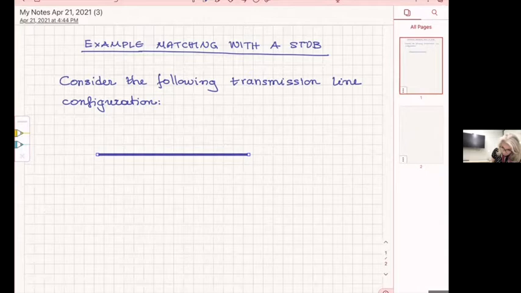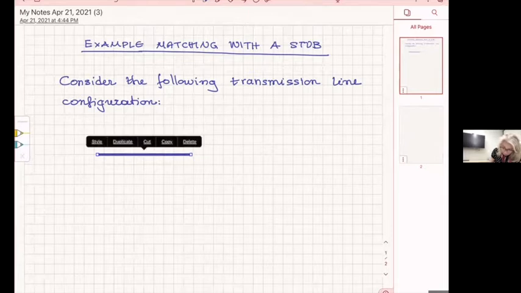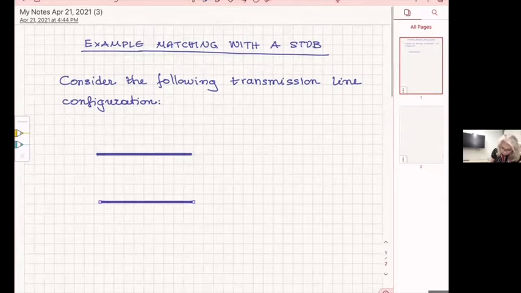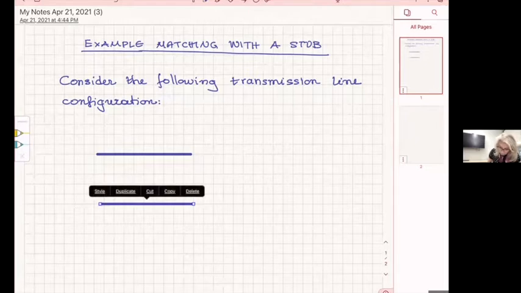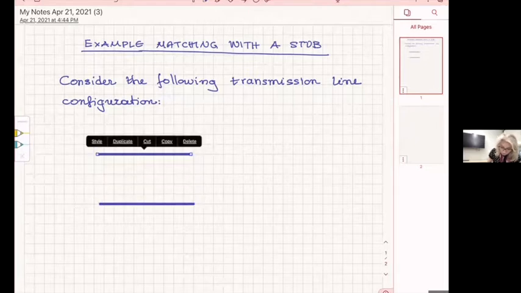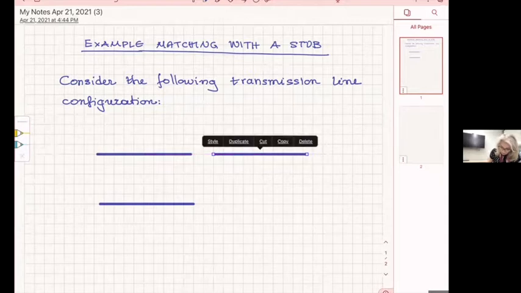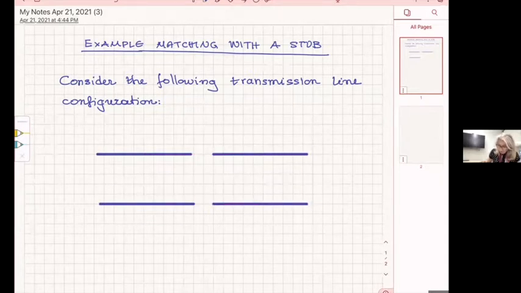It's one transmission line, but I'm going to split it in two parts just because it's going to be more convenient to talk about this. So there is another one and another one. Okay, and so it's the same line.